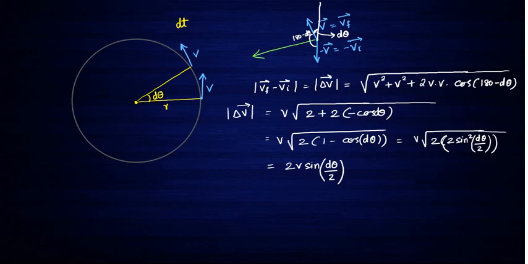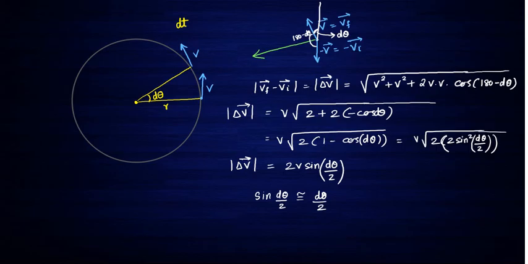Even if the angle were finite, this equation will give you the exact answer. However, here we are dealing with infinitely small angles, so in the limit that d theta tends to 0, we know that sine of d theta by 2 can be equated with d theta by 2. This is approximately equal to d theta by 2 as theta is small, and when theta is infinitesimally small, we can exactly take them to be equal in the differential limit.